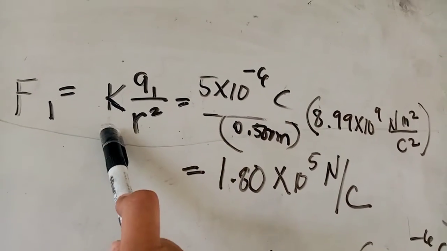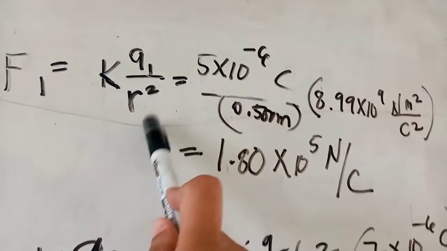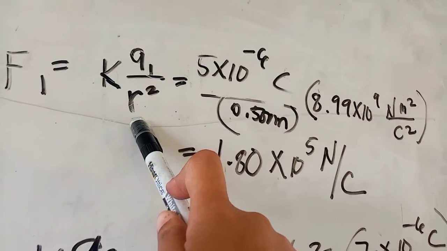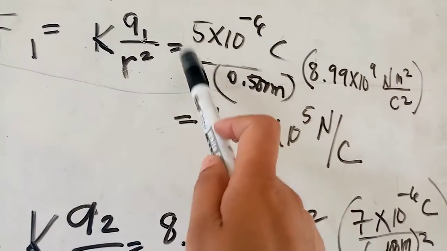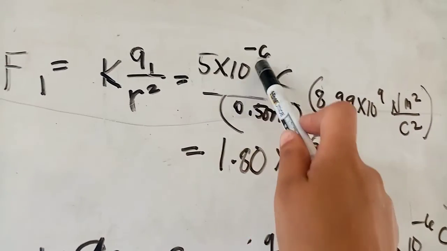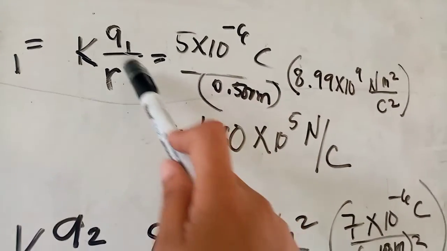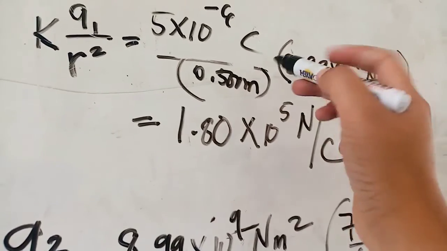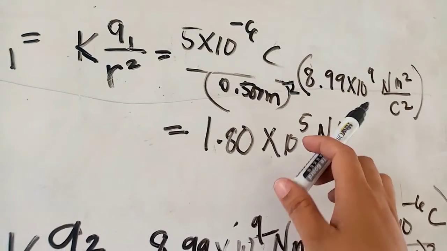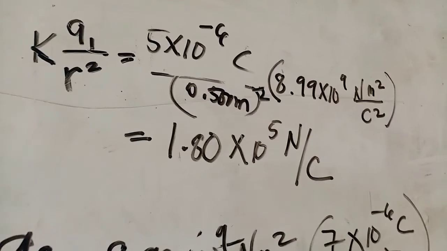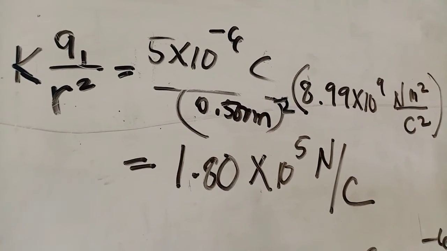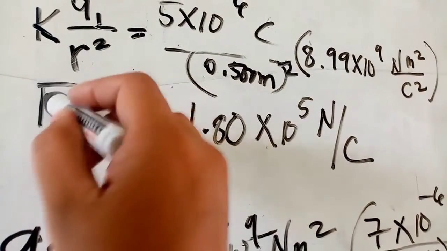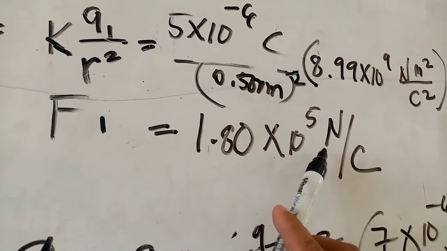You multiply the proportionality constant times the value of your charge 2 over the distance between the charge 2 and the point P. So you just substitute the values: 5 times 10 to the negative 6 coulomb over the distance between them, 0.500 meters, this is squared, and you multiply it with the value of our constant K, 8.99 times 10 to the power of 9 newton meter squared per coulomb squared, and using our calculator you will get that the field is equal to 1.80 times 10 to the 5 newton per coulomb.